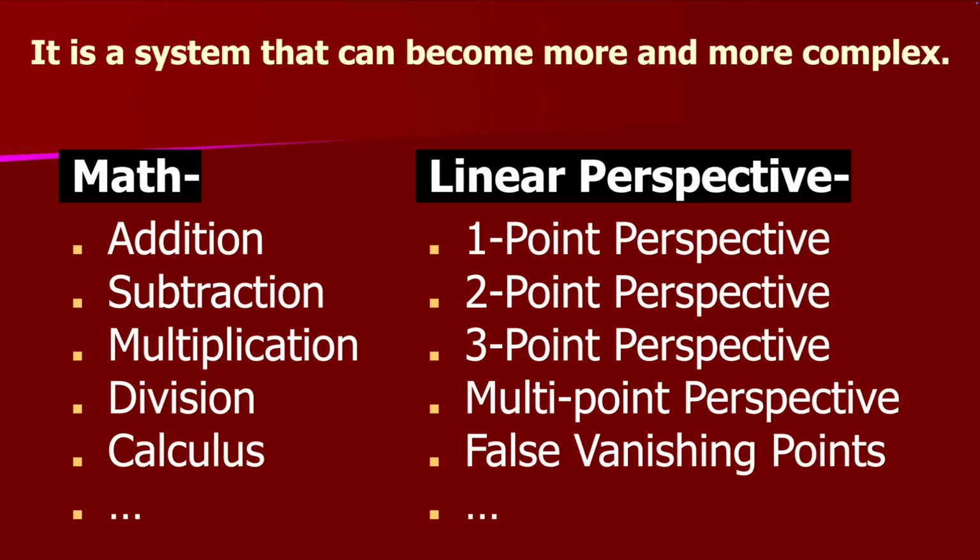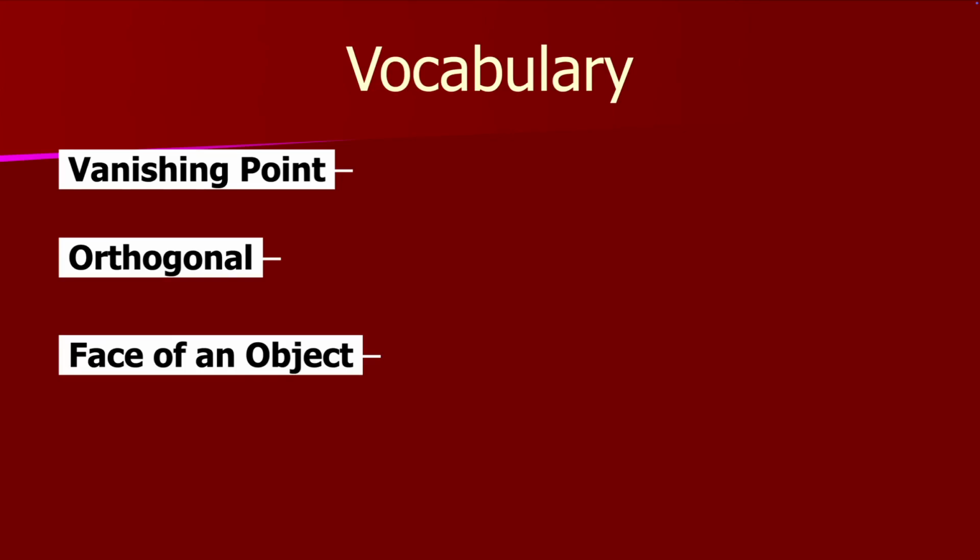We're going to look at 1-point perspective, and it's a very effective system, but there are more complex views in the world. 2-point perspective, 3-point. Then you can actually bring all these perspectives together. Then sometimes you need what's called false vanishing points. So we're going to look at linear perspective. You're going to see it as effective, and you might think, oh, it's not complex enough. And you're right. There is a more complex world out there.